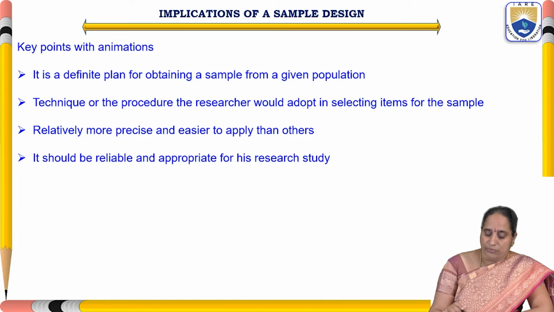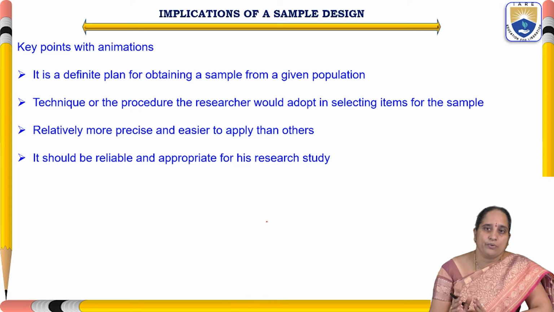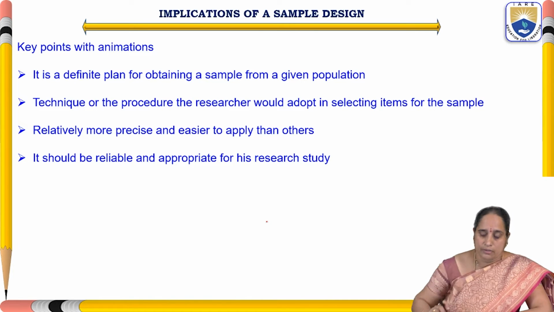The sample design should be more accurate. Whenever you select a particular sample, it should be appropriate and easy to apply compared to other available methods. It should be reliable and also useful for the research study. In that way, we have to select the sample.